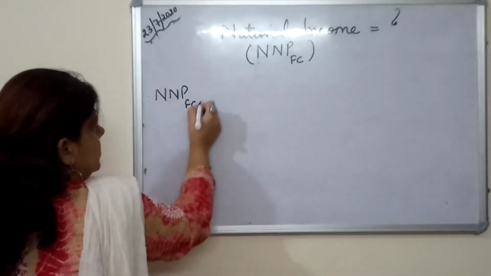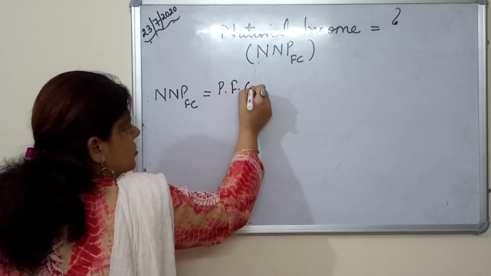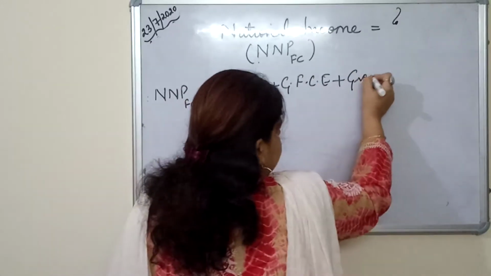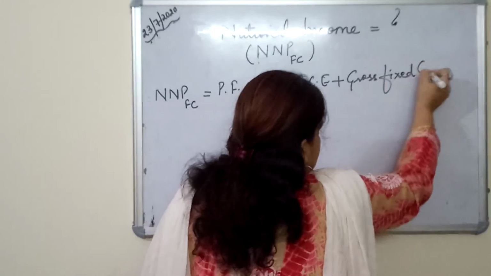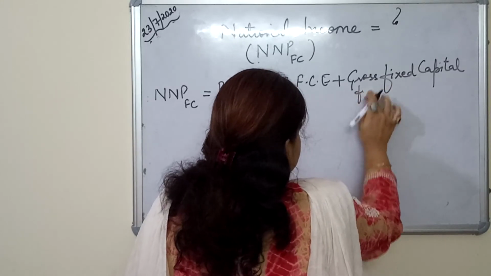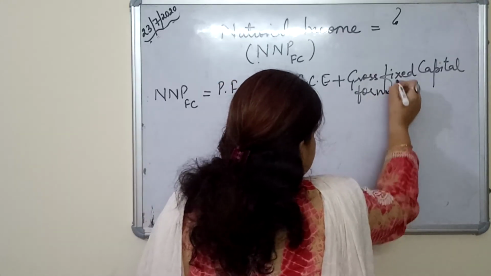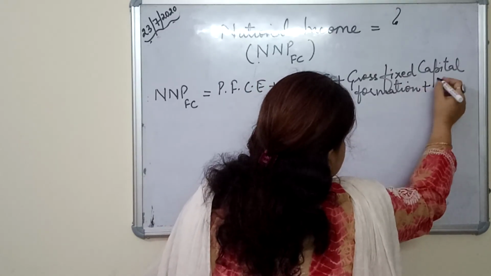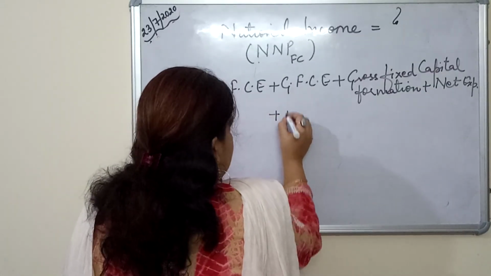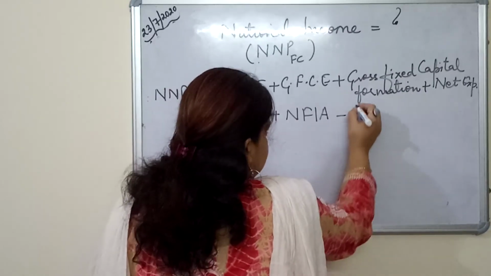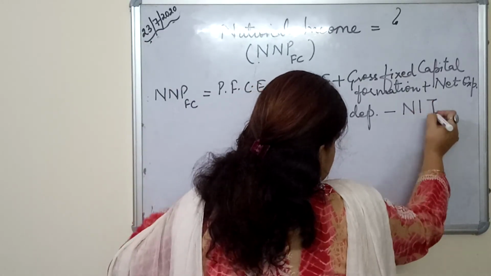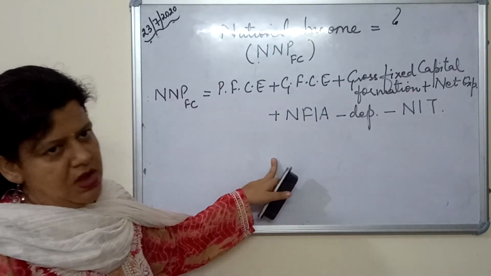NNP at factor cost is equal to private final consumption expenditure plus government final consumption expenditure plus gross fixed capital formation plus net exports plus NFIA minus depreciation, because we have to convert it into net, minus your NIT. Just put this in the formula and you will get the answer.